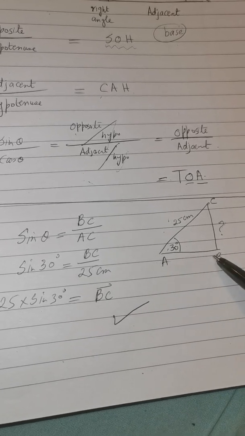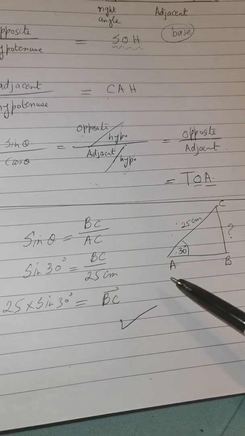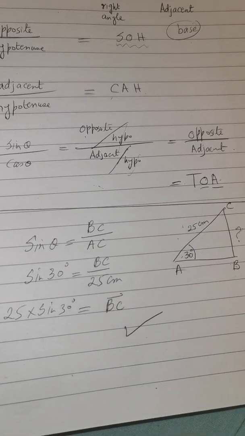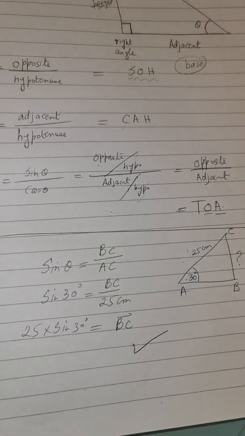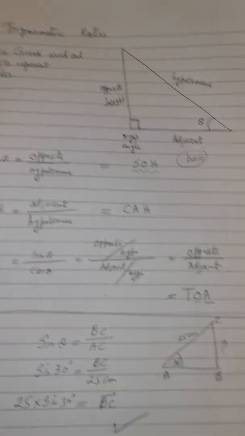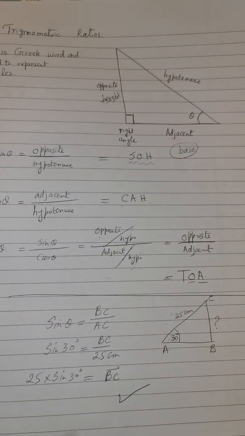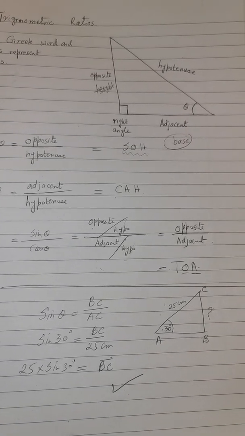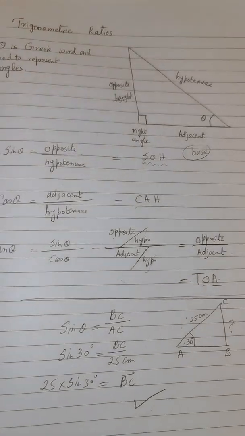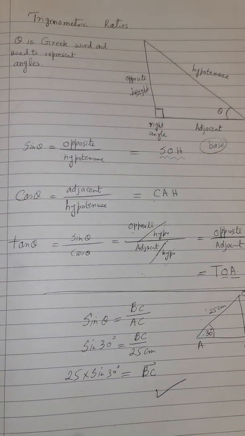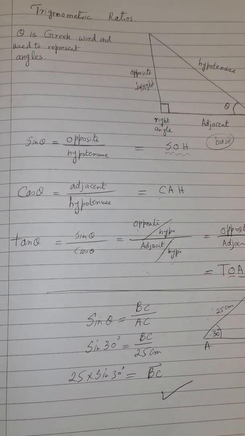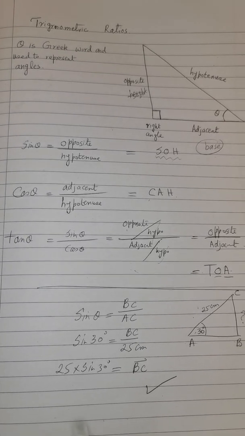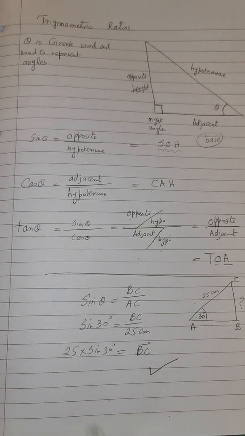When they ask for AB, you apply the formula cos theta is equal to adjacent divided by hypotenuse, with cos 30. It depends on the demand of the question. You will look at the picture very carefully and decide which trigonometric ratio to use to solve the question.